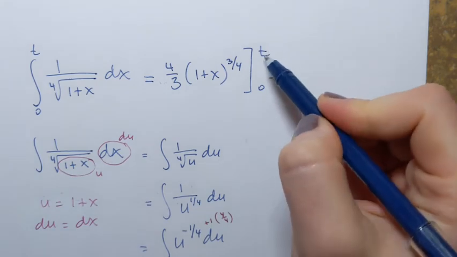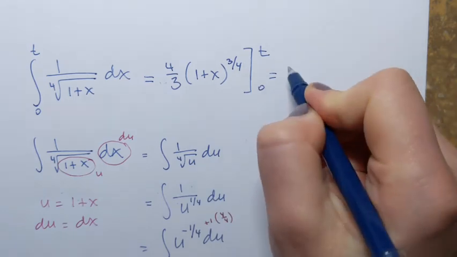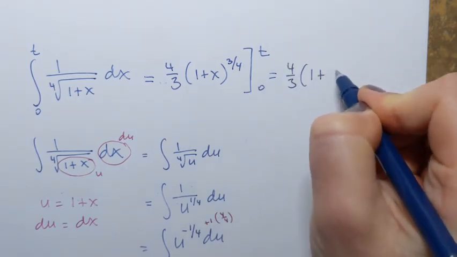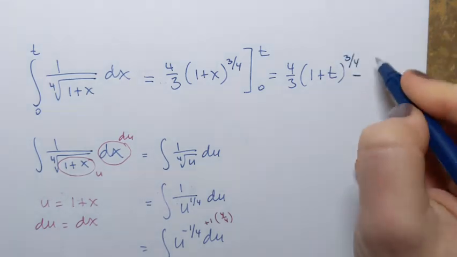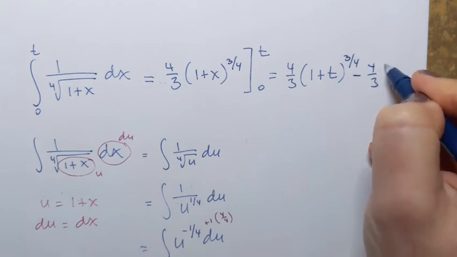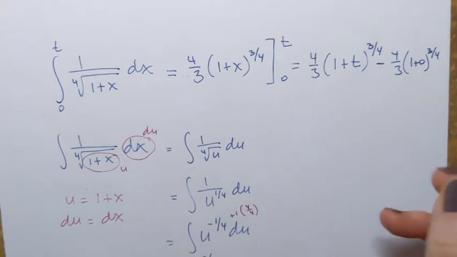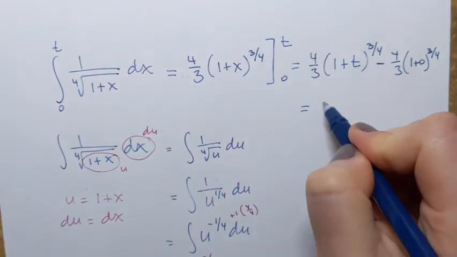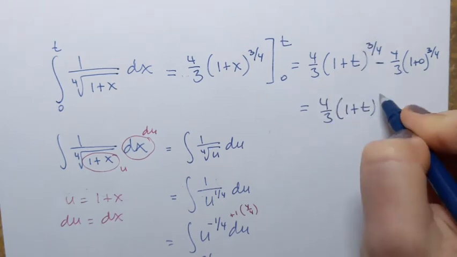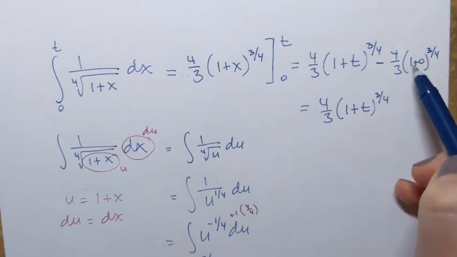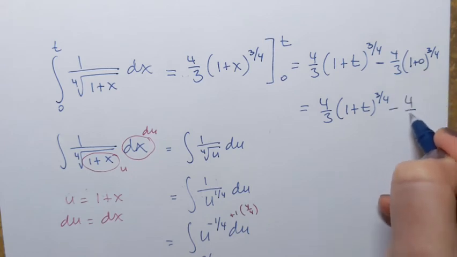First I'm starting with the upper limit: every x is being replaced with t, so we have 4/3, 1 plus t to the power 3 over 4, minus 4 over 3 times 1 plus 0 to the power 3/4. If I simplify it a little bit, I'll get 4/3, 1 plus t to the power 3/4, minus, here it's 1 to the power 3/4, which is still 1, so it's just minus 4/3.